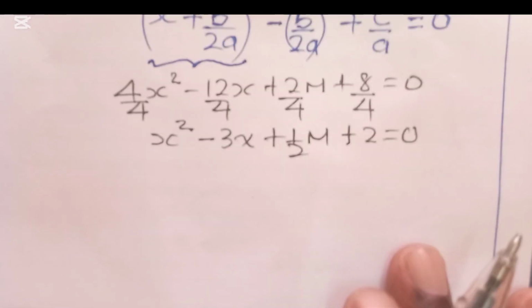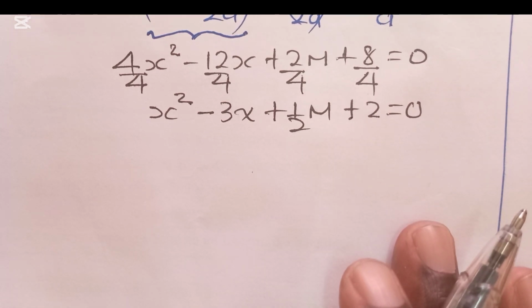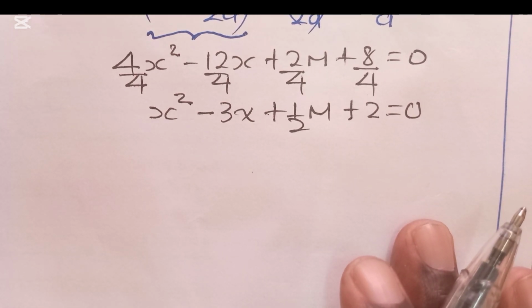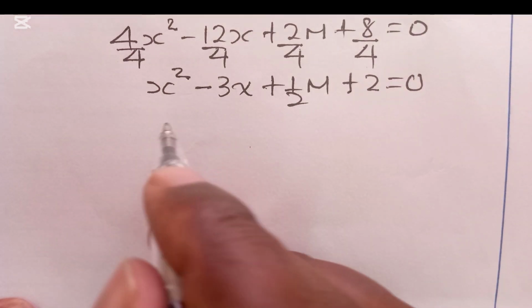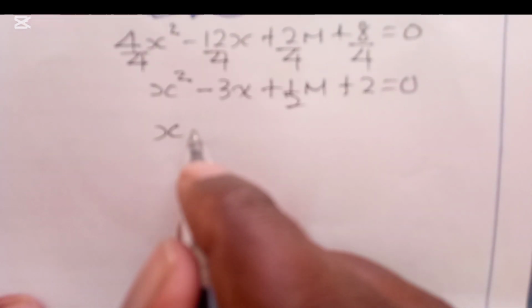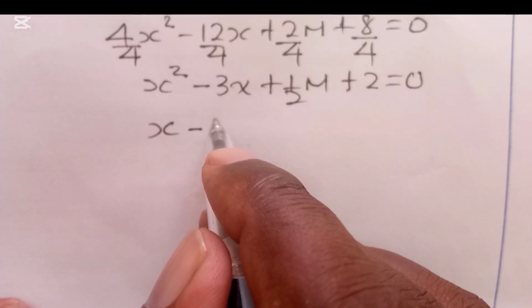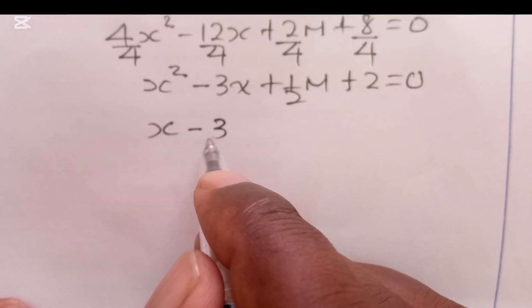Now we can complete the square, though we know it's already a perfect square. So we shall find half of 3, that is half of b, which will now be equal to 3 all over 2.